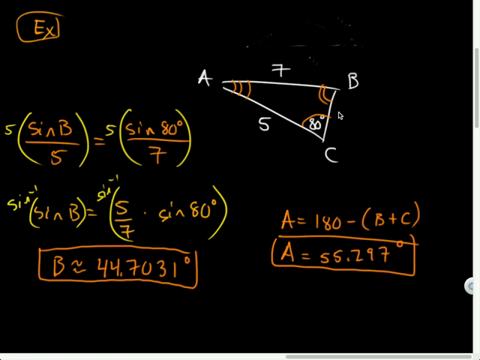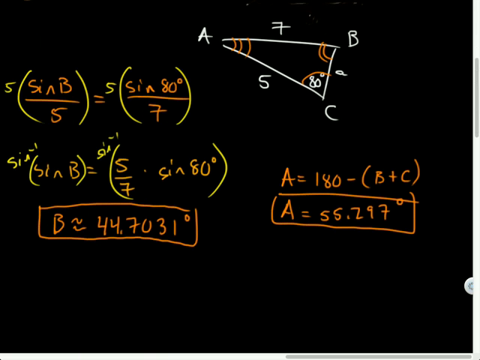So now I'm missing one more component. I'm missing little a. And how could I find little a? A over sine of which angle? A over sine of 55.297 or whatever, right?